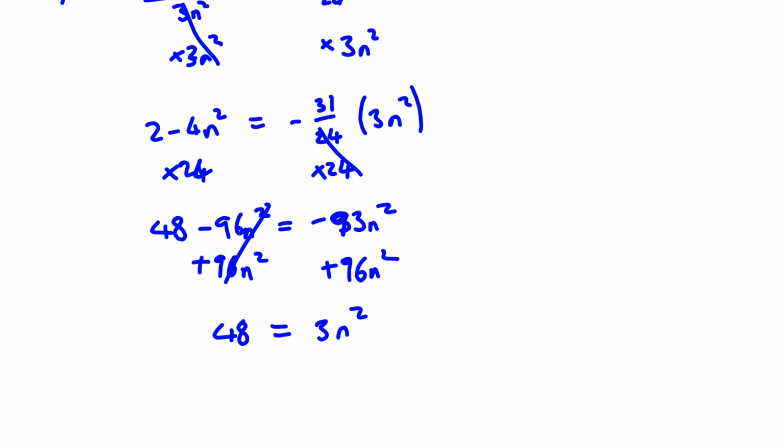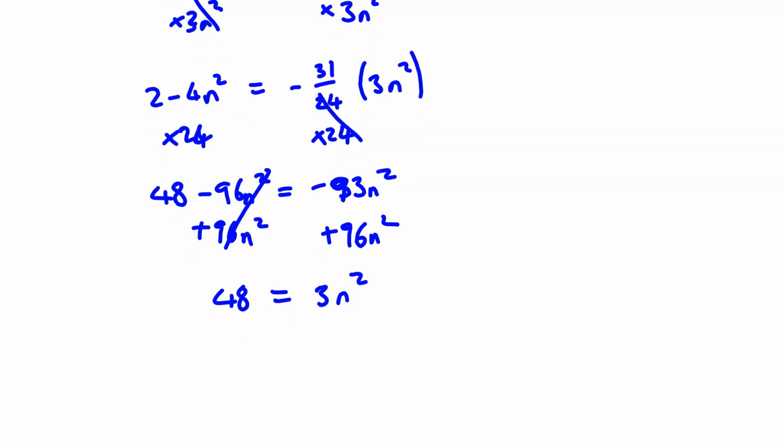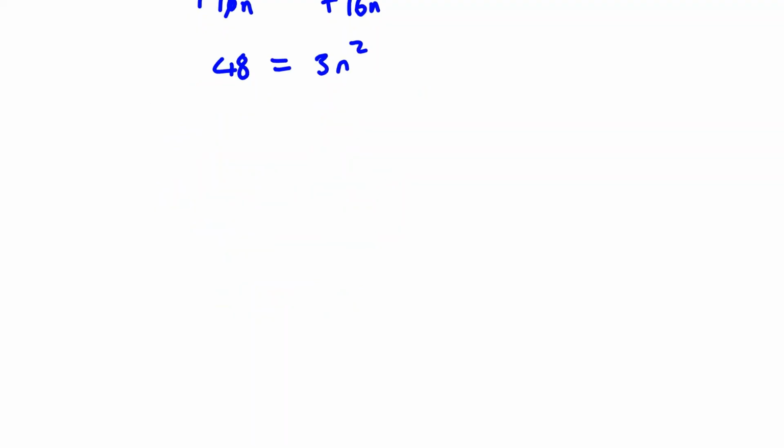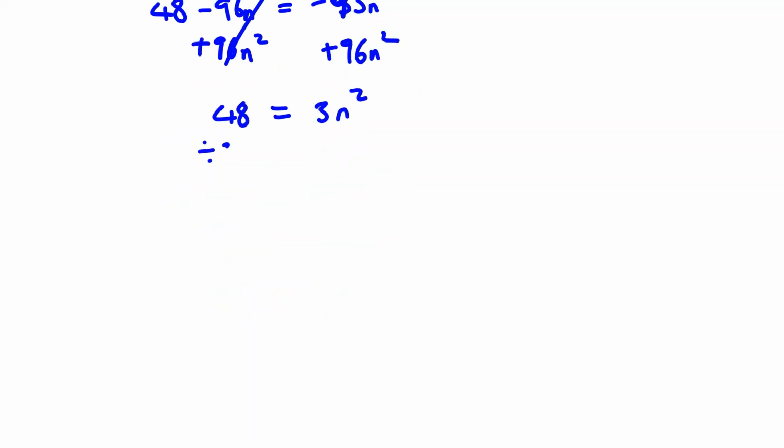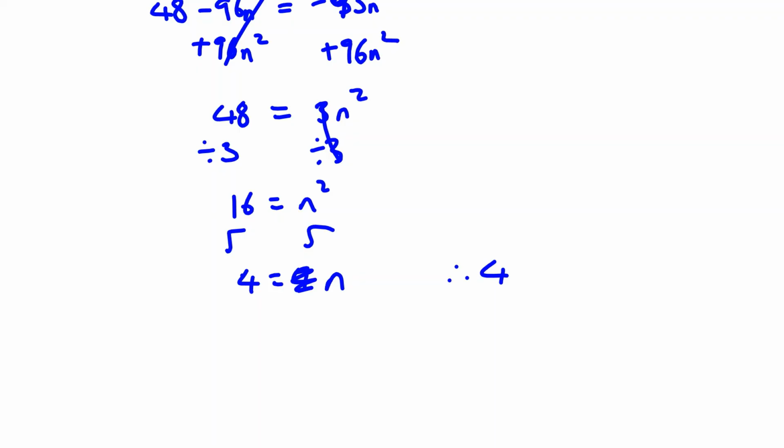So we're going to get 3n squared is 48. So we're going to divide both sides by 3, and then we're going to square root. So n equals 4. So the fourth term is minus 31 over 24.